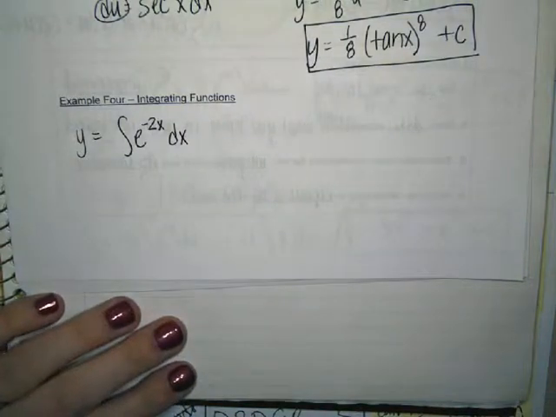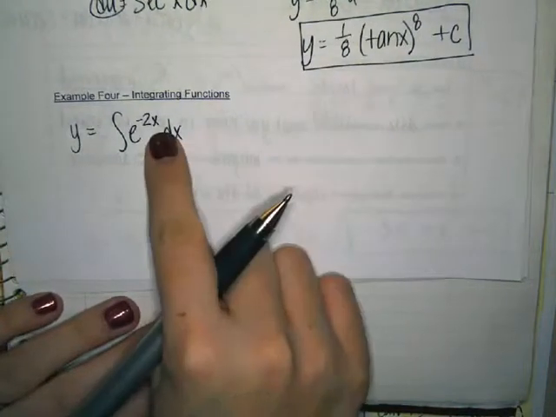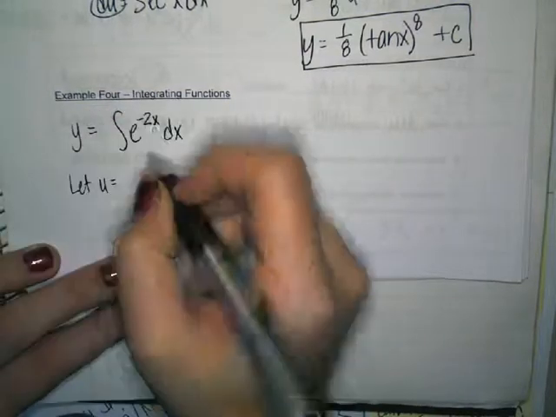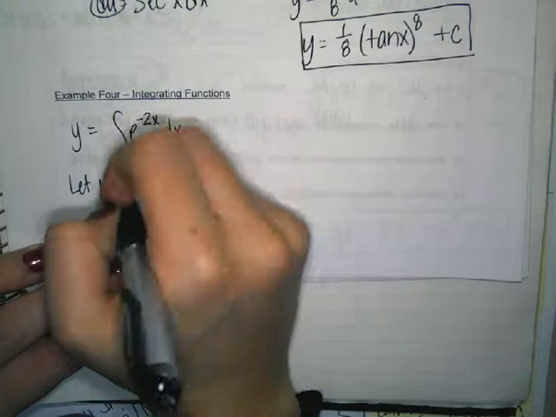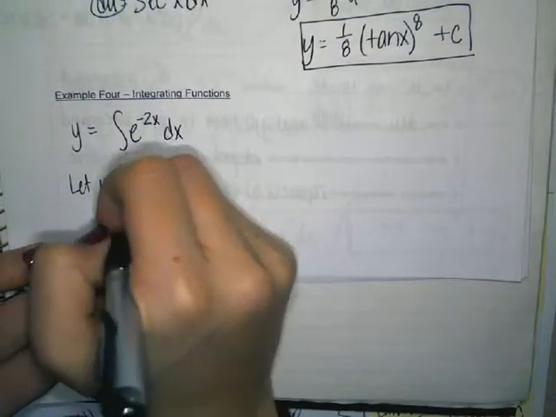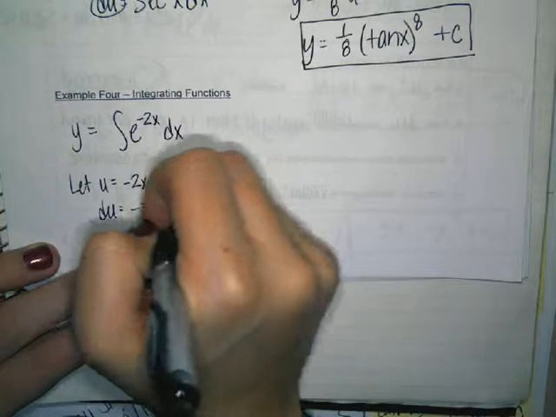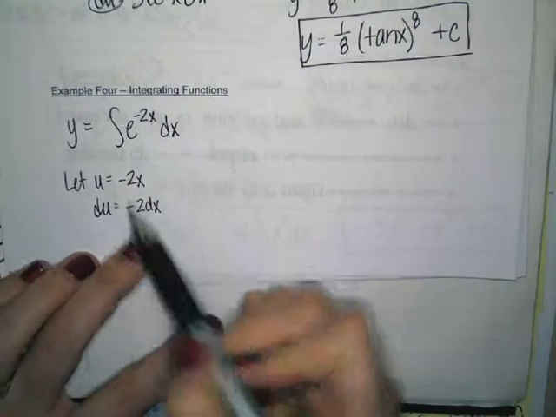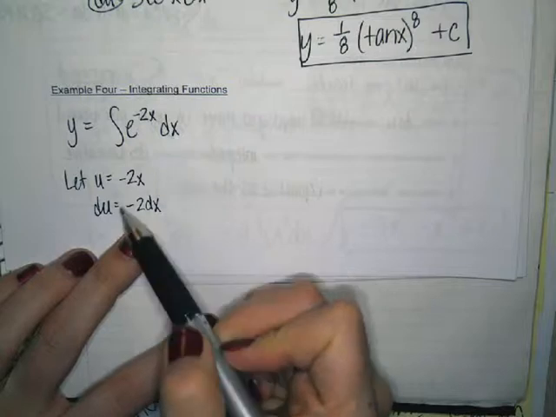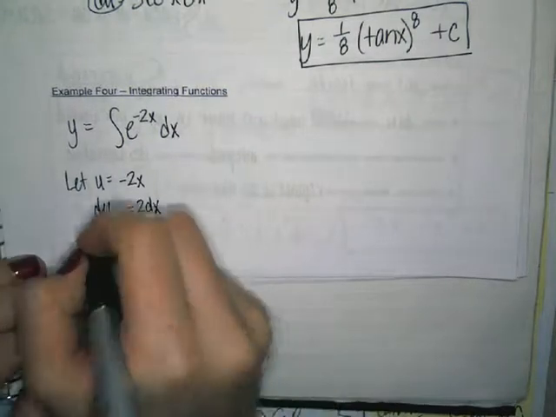So we're going to let u equal my power here, because that's my function of x. Du then is negative 2 dx, and notice there's no negative 2 hanging around, so I have to replace dx with something that's just dx. I have to divide by negative 2 here to get negative 1/2 du as a replacement.